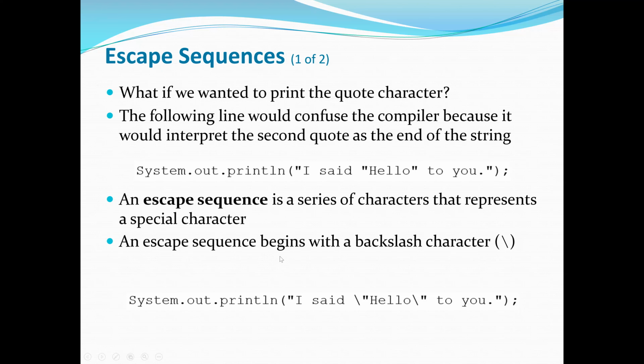An escape sequence always begins with a backslash character. So here we say System.out.println I said, and I want to print double quotations, so I have a backslash. The same thing if I want to print a backslash, I will use two backslashes. So Java knows that I want to print a backslash.